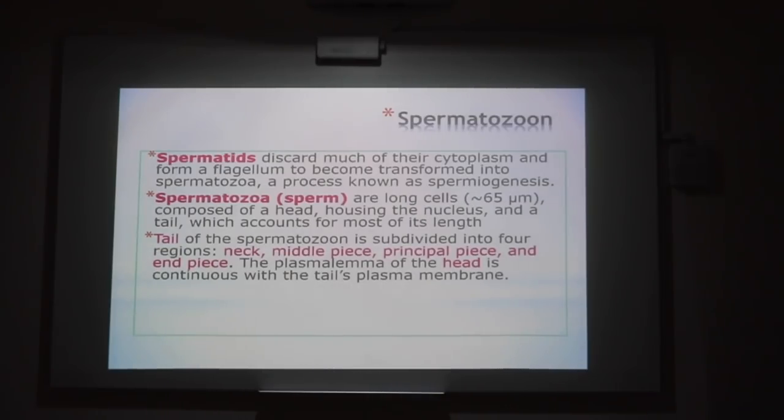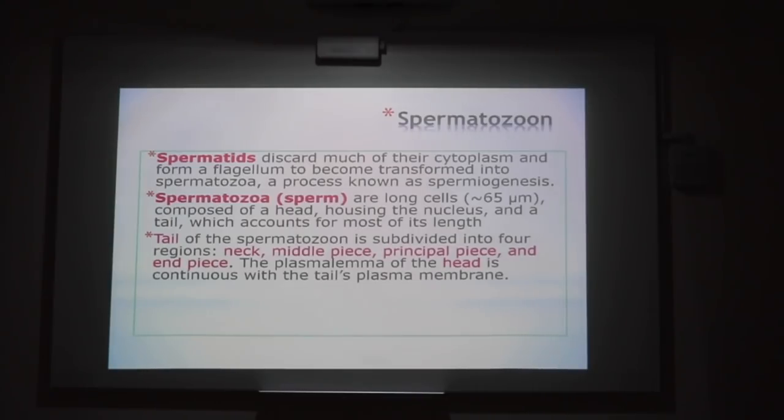And around the axoneme complex, there is a sheet of mitochondria. So within the middle piece, you have the center of coarse fibers. Then you have microtubules, which are 9 doublets of microtubules, called the axoneme complex. And surrounding the axoneme complex, there is a sheet of mitochondria.